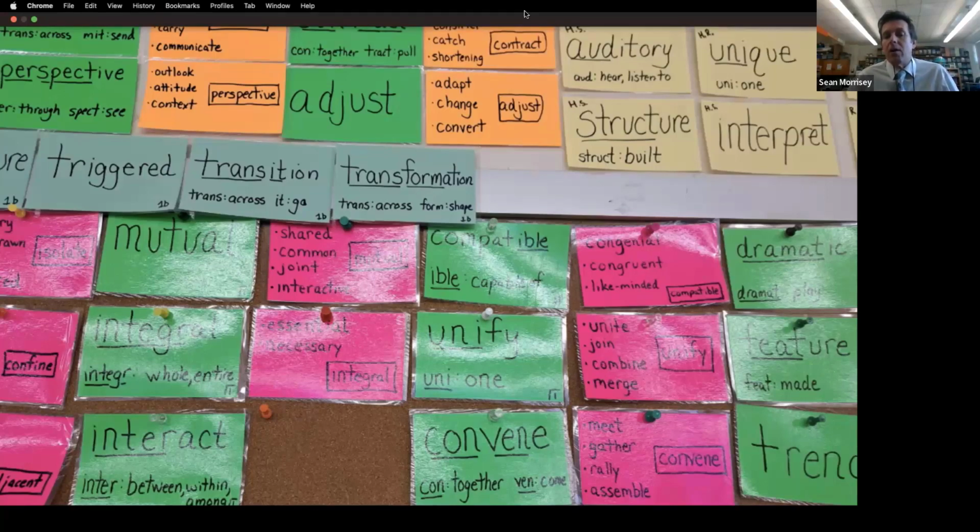If you know word parts with morphology, you can figure out what that word means, because ven means come and the prefix con means together. So when we're convening, a group of people are coming together, generally for a purpose. There's a little more to it than just the prefix and the root, but putting these words on a wall has been super valuable in my classroom. It really, really helps with their writing, for sure.